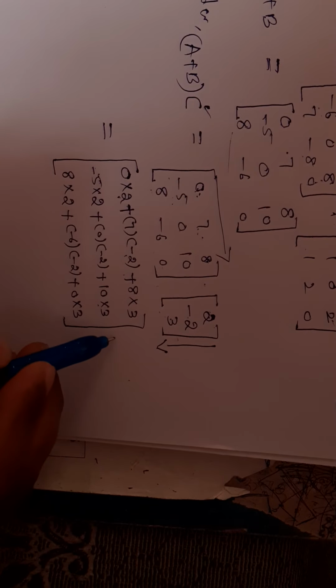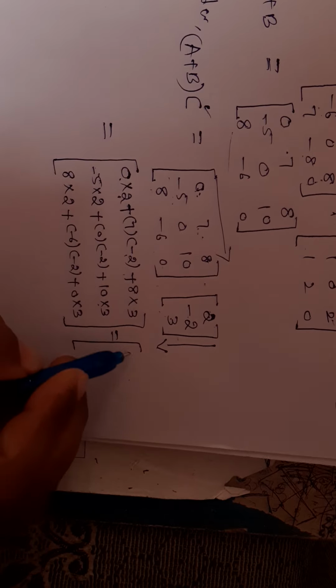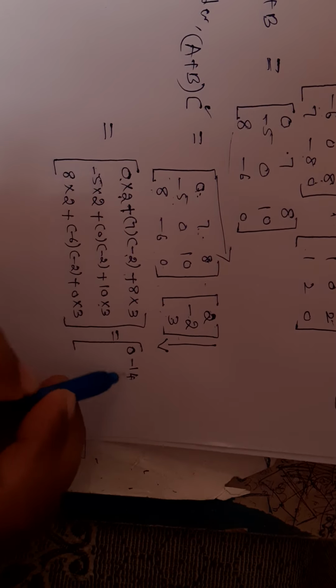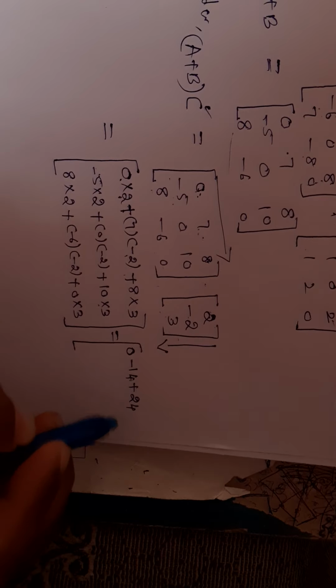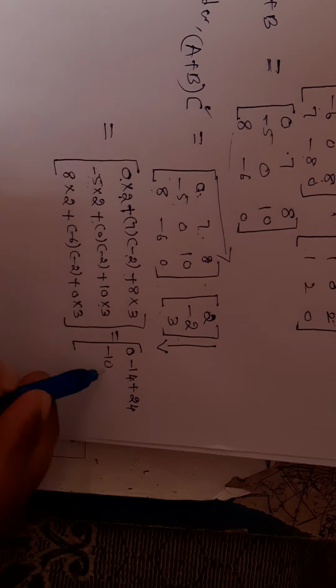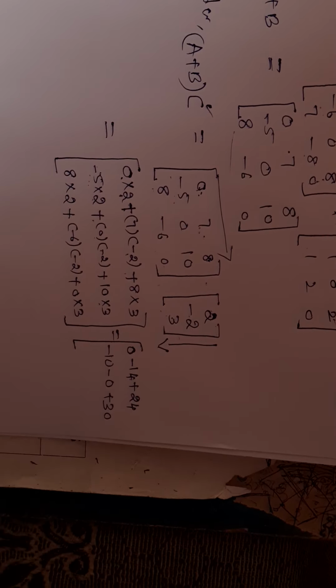Then I can simplify it here only. 0 into 2 is 0, plus into minus, minus, so 14 plus 24, then minus 5 into 2 is minus 10, then 0 plus 10 3s are 30.